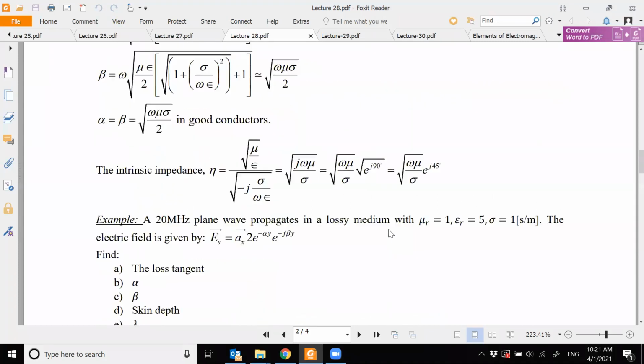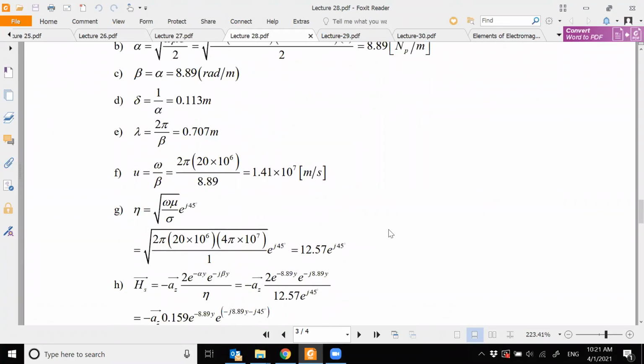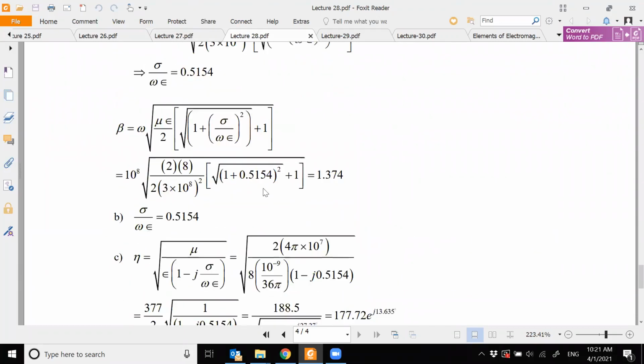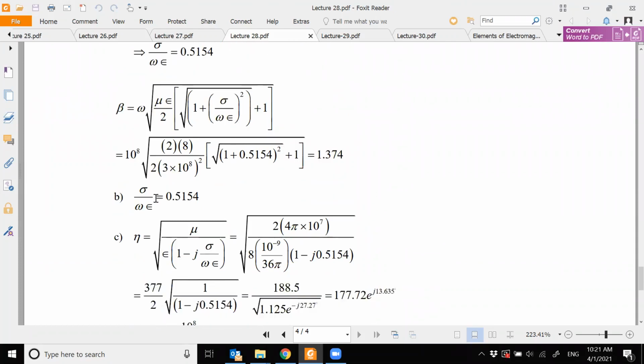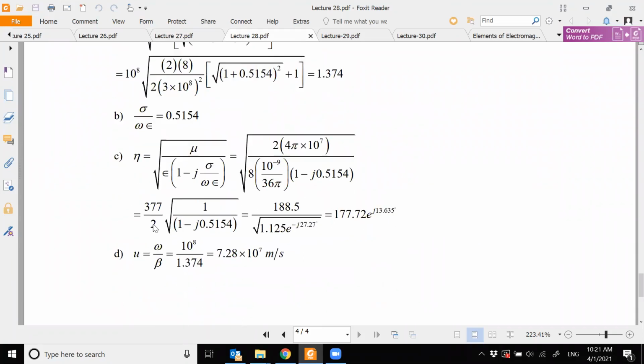Therefore, I cannot use any simplified expression. I have to use the complete generalized expressions. And this is what I'm doing. That's why I'm using the complete expression of beta, and I'm finding beta. Then I'm finding the loss tangent, and it is asked to find eta, so I'm using the generalized expression of eta.